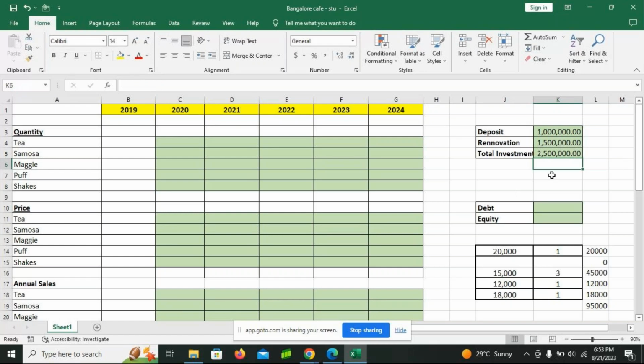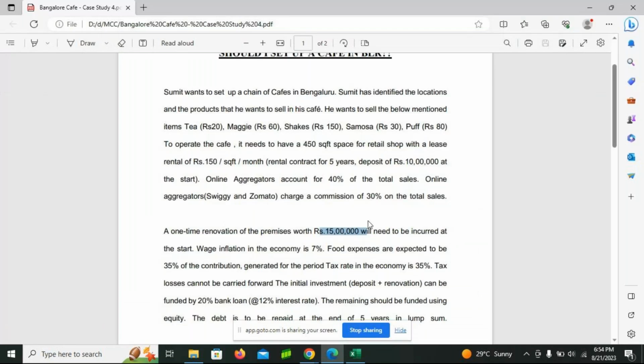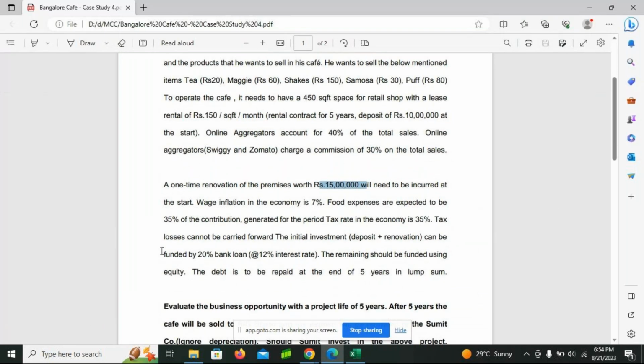On that, how much is expected to be the debt amount? 20%. So that will be 5 lakh rupees. As we have discussed, the initial investment can be funded with 20% of bank loan.